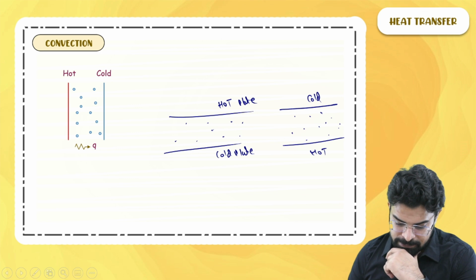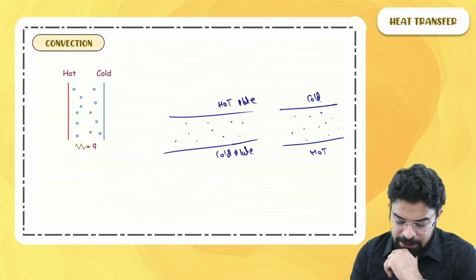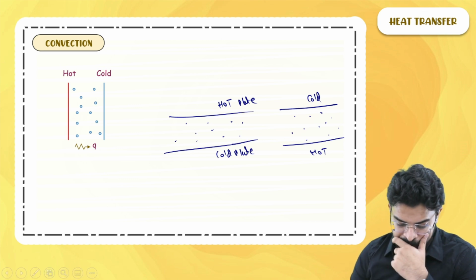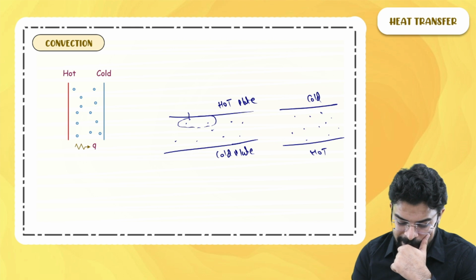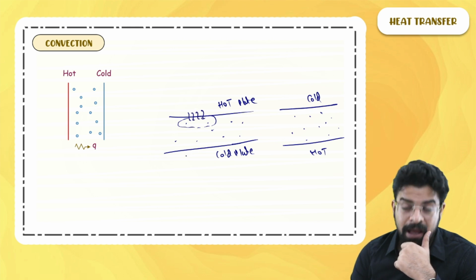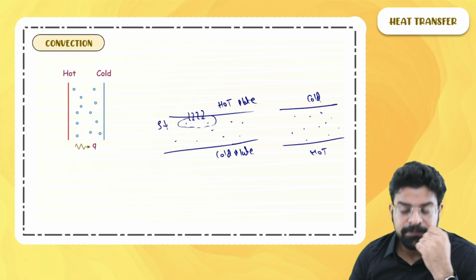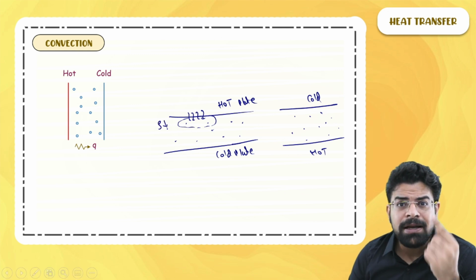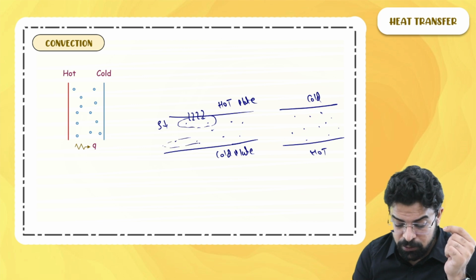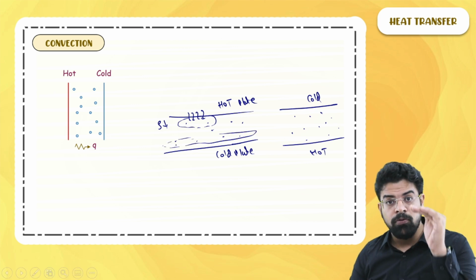If you place the cold plate at the bottom and the hot plate at the top, when the air near the hot plate gets heat from the hot plate, it becomes lighter. So the density decreases, and because of lower density, compared to the cold air, it won't be able to move down.